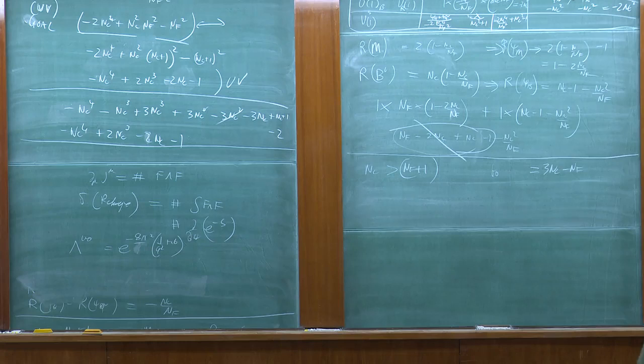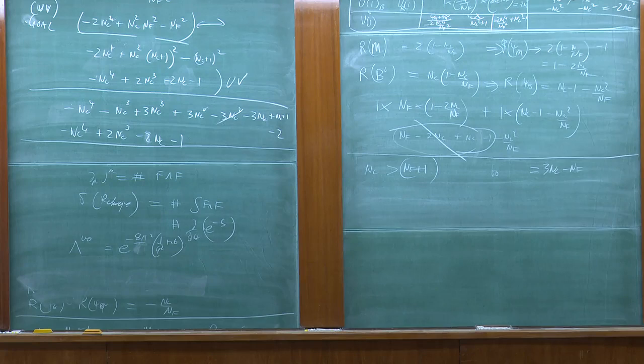So if NF is greater than 3NC, and we ask for the effective IR description, firstly the question is not terribly well defined, because there's no quantum field theory defined by the Lagrangian of N=1 QCD with NF greater than 3NC, since we're not specifying the UV behavior.